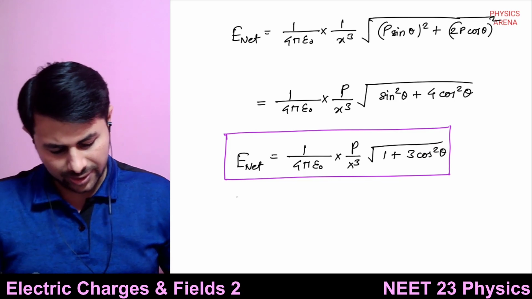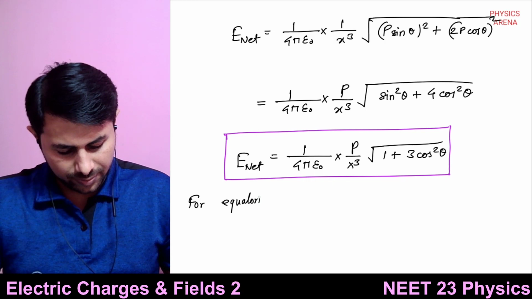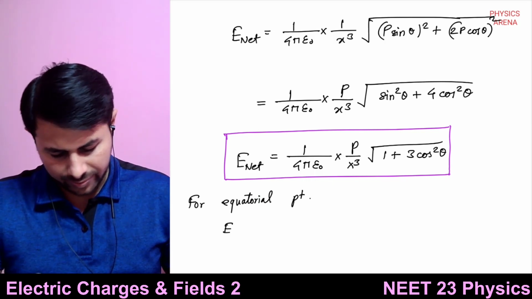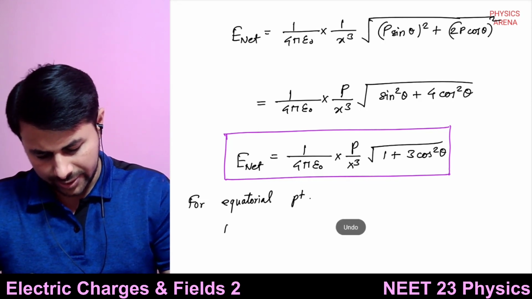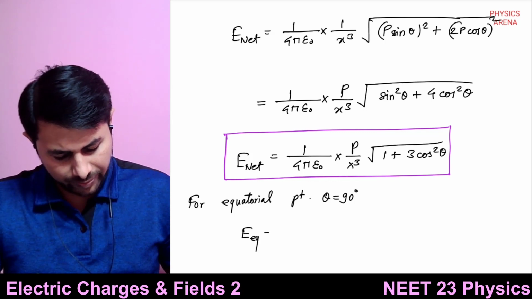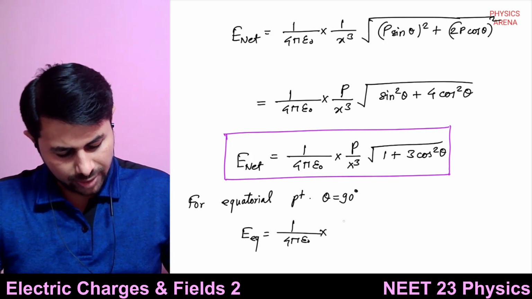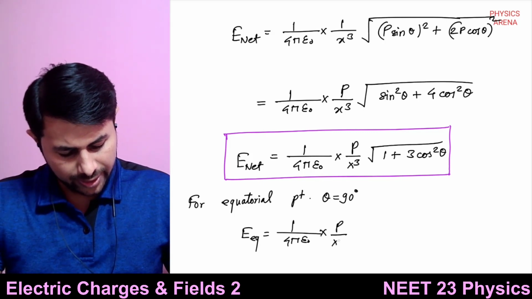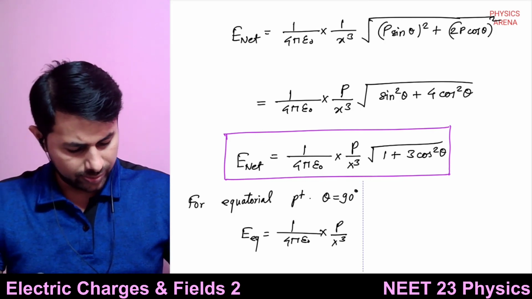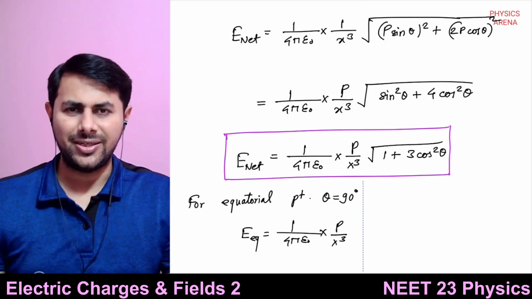When theta is 90 degrees for equatorial point, we get E equator equals to 1 upon 4 pi epsilon naught multiplied by P upon x cube. Okay, this is no surprise because we used that formula to find out this one, right?